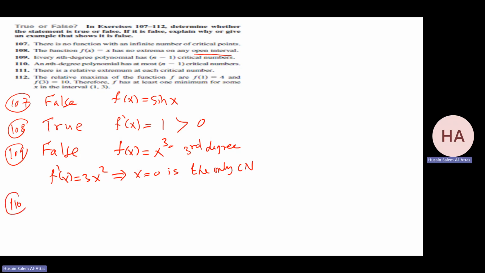110. An nth degree polynomial has at most n-1 critical numbers. This is true, when he said at most. Why?